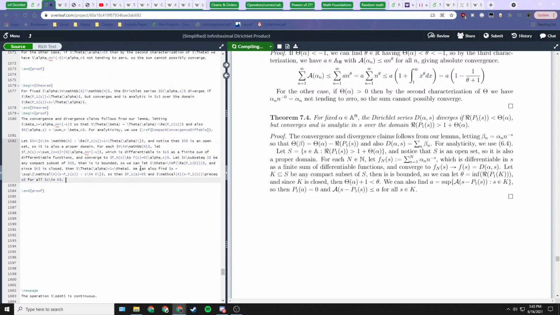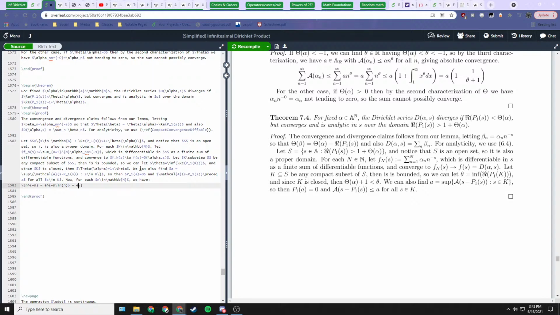So we'll have now for each n in the naturals, n power minus s. This is just e to the power of minus s log of n.